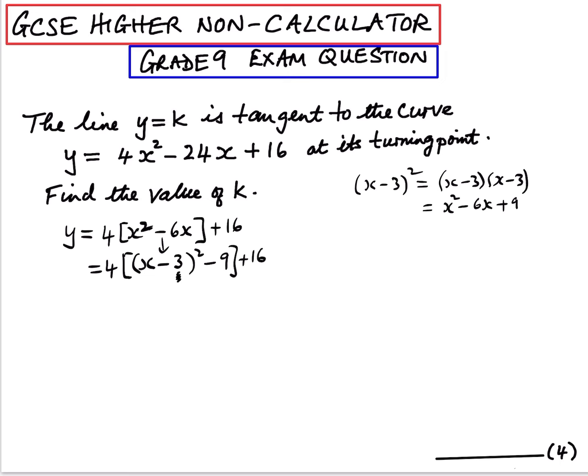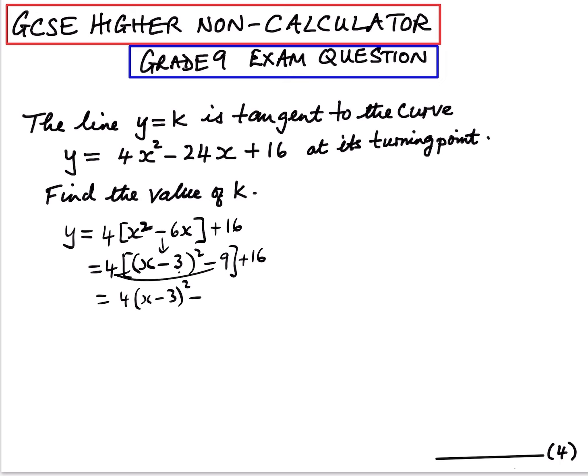There's the plus 16. Let me just get rid of this stuff because I need the room there. So you end up with 4 times the brackets. You don't take the 4 in, that would be wrong. Minus 4 times 9 is minus 36, plus 16.